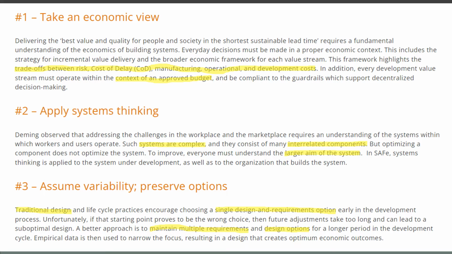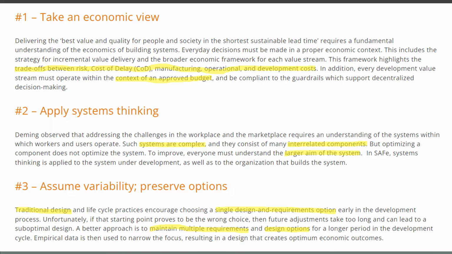It's very, very important. The third principle is assume variability and preserve options. Right? In traditional design and life cycle practices, like waterfall or predictive methods, they encourage choosing a single design or single requirement and going with that. That increases a lot of technical debt. It increases risk as you move on.